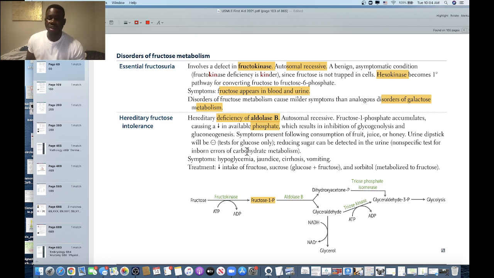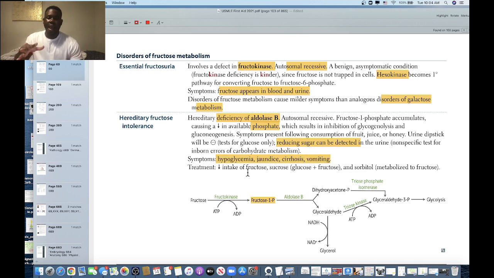Now, reducing sugars can be detected in the urine, but those reducing sugars will be negative for glucose. So if they tell you there are reducing sugars in the urine, but it is not glucose, then you are thinking of either fructose or galactose. Most likely it's going to be fructose in the urine. Symptoms are hypoglycemia, jaundice, cirrhosis, and vomiting.